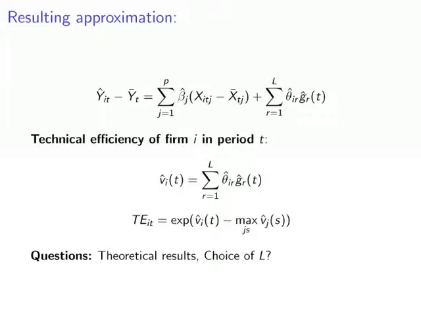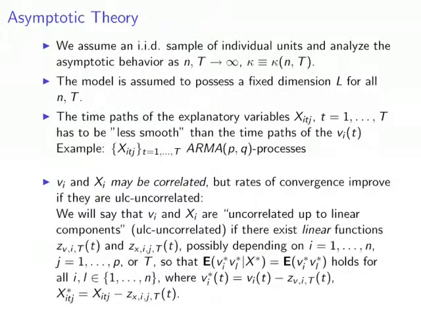Okay, just to show you some theoretical results of this procedure. What we assume is an IID sample of individual units, and we consider asymptotic behavior as n and t tend to infinity simultaneously. We have no assumption which is larger; n may be larger, t may be larger, it doesn't matter. And the smoothing parameter kappa used in the procedure may also depend on n and t.